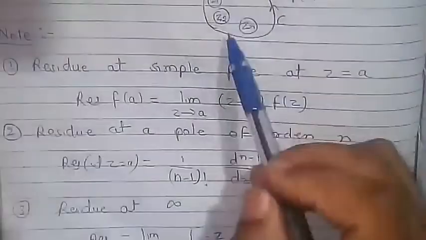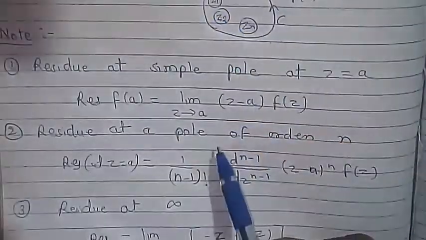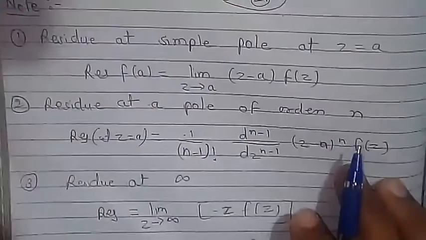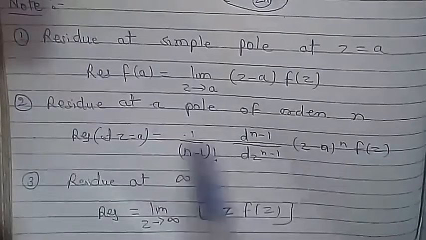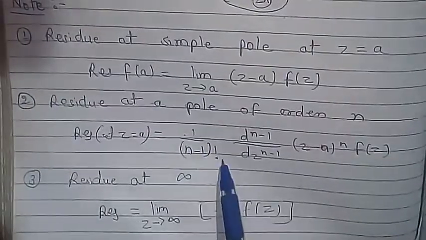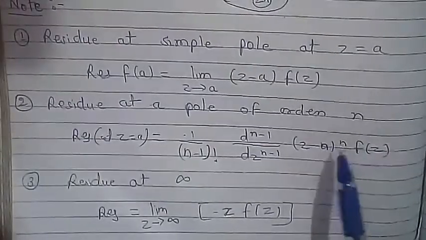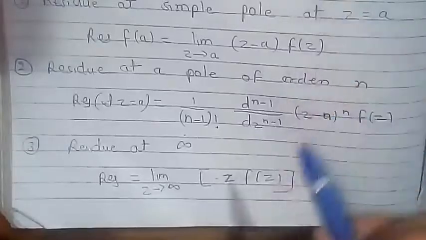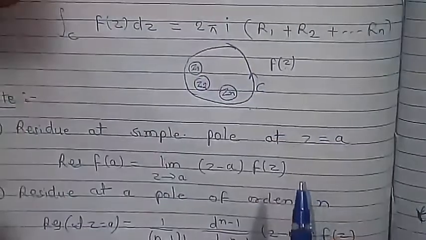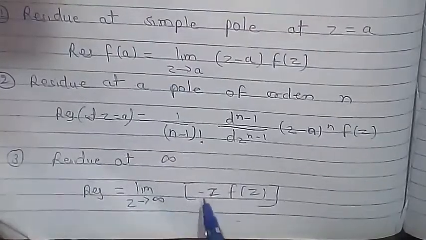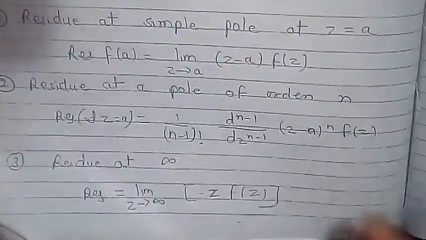And when the pole is of order 2 or order n, then we will use 1 upon (n minus 1) factorial, d to the power n minus 1 upon dz to the power n minus 1, into (z minus a) to the power n into f(z). And when the pole is at infinity, then we will use the formula: residue is equal to limit z tends to infinity of minus z into f(z).